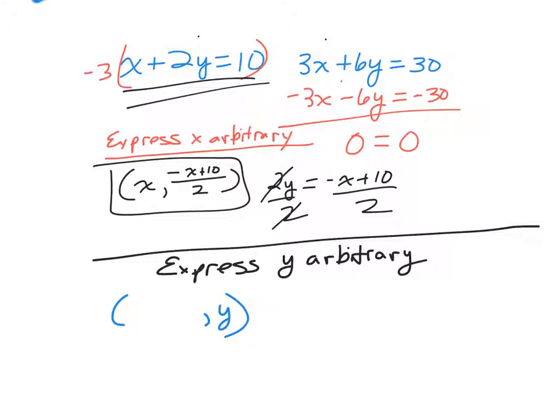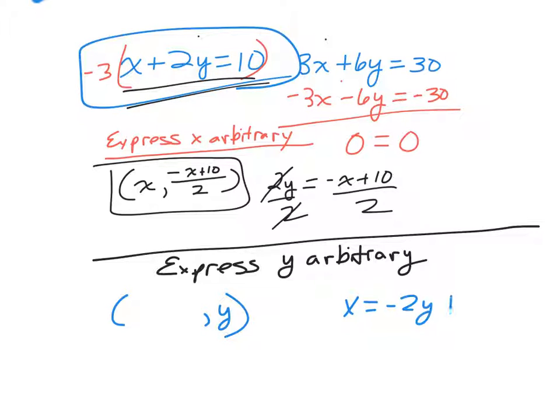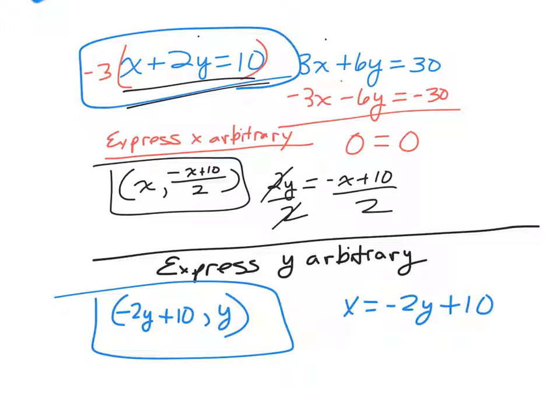And to tell what the x looks like, instead of solving the equation for y, we'd solve the equation for x. So if I took this equation up here and solved it for x, I'd have x equal to -2y plus 10. So to have y arbitrary, I could have -2y plus 10 comma y. So it just depends on which one they ask for arbitrarily.